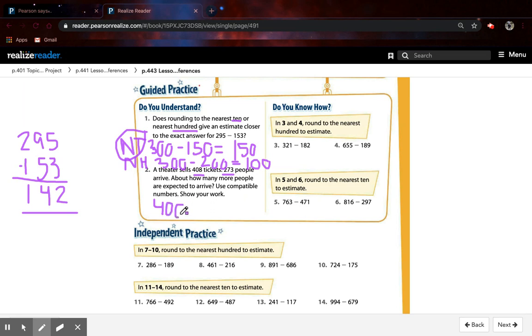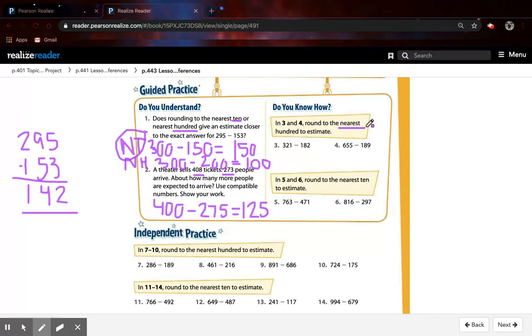And a compatible number for 273 would be 275. And if I were to solve 400 minus 275, I would get 125. So about 125 people still are expected to arrive, who still need to arrive.